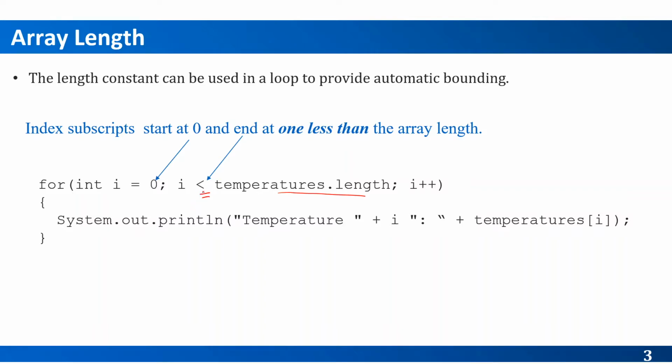The index has to be one value less than the length. So you should do it either as less than temperatures.length, or less than or equal to temperatures.length minus 1. Both of them are equivalent in this case. So this is something to remember.